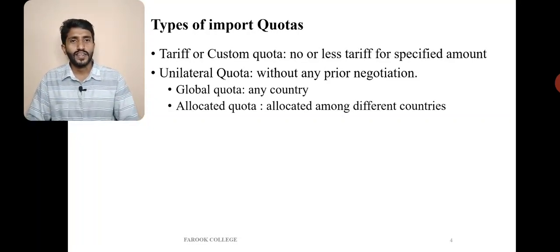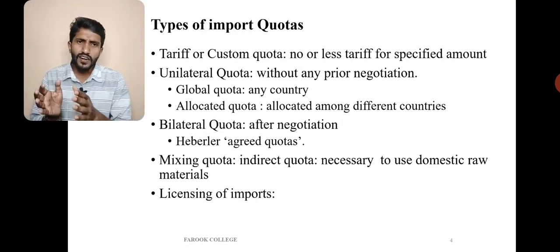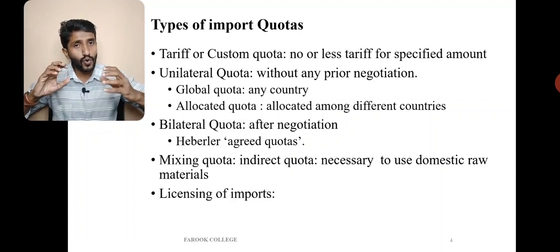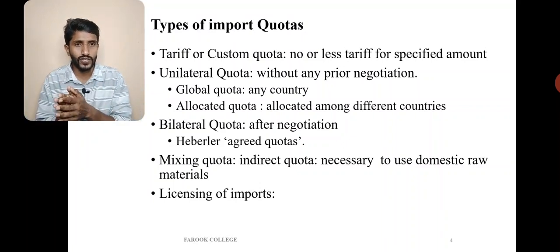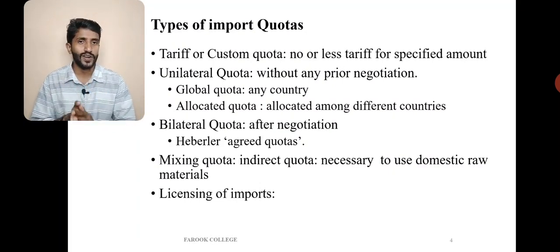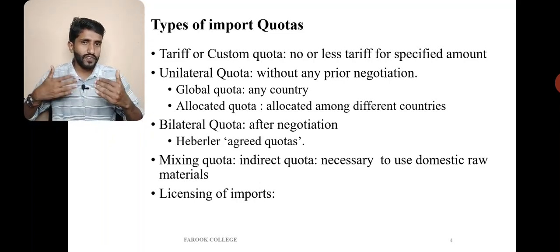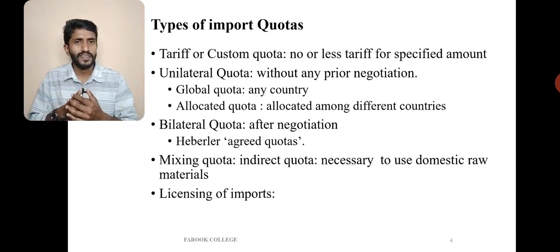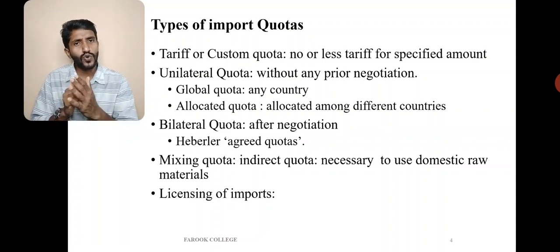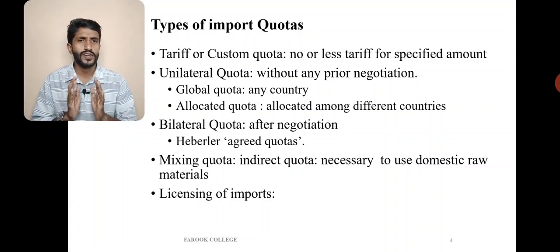Then there is bilateral quota. Bilateral quota means two countries negotiate with each other, hold discussions, and come to an agreement on the quota system. That kind of quota is known as bilateral quota or agreed quota. Suppose we Indians and Chinese companies make some arrangement, and we say that we will import 2,000 TVs, not more than that, and it is also agreed by China that they will export 2,000 TVs to us.